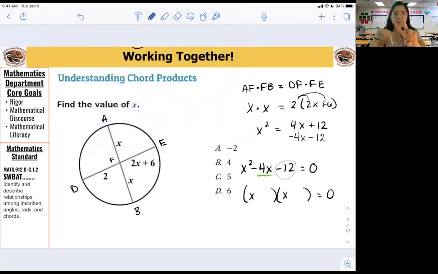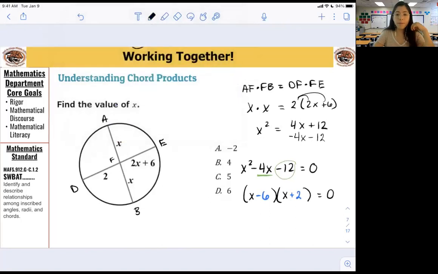Yeah, it's got to be two numbers. Add up to -4, multiply to make -12. There we go. -6 and +2. -6 times +2 is -12. -6 plus 2 is -4. So here we go, -6 and +2.